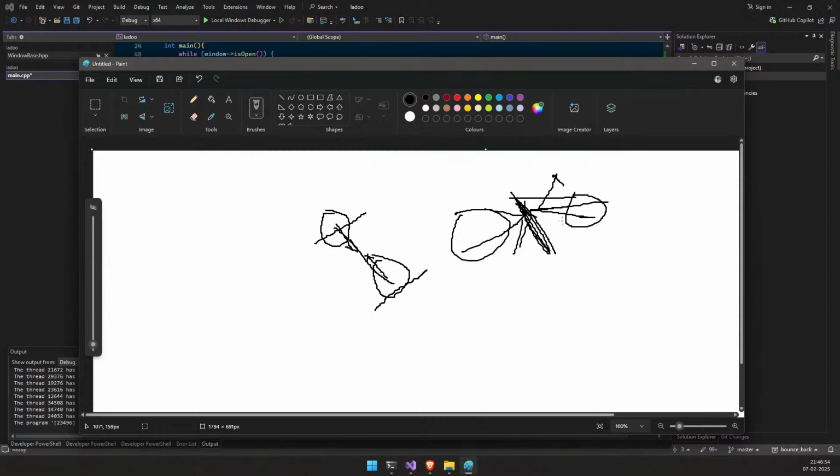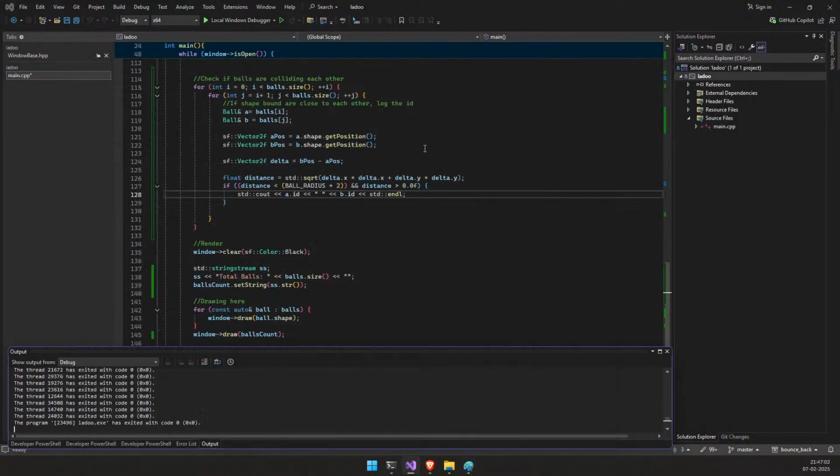And then if they collide at this angle, then I'm following this course dependency.